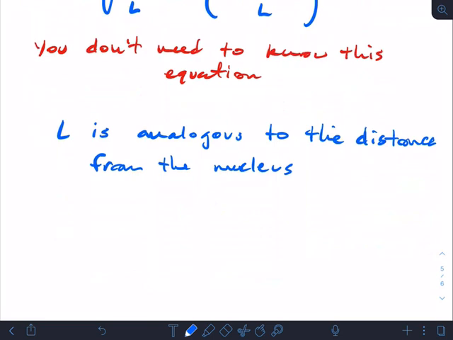But since the uncertainty principle says that I can't know the location and the momentum at the same time, what I do is generate a probability.